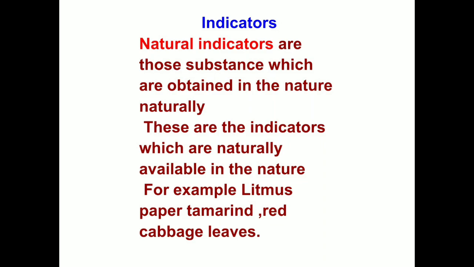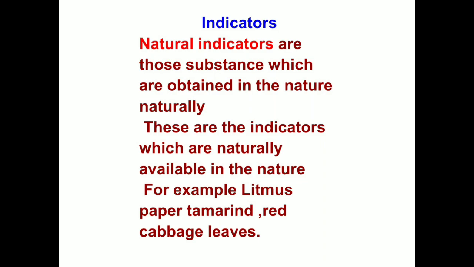So, without doing all these, how do you know whether something is acid or base? That can be tested with the help of substances called indicators. Indicators are the substances which are used to test acids and bases. They will tell us which is the acid and which is the base.